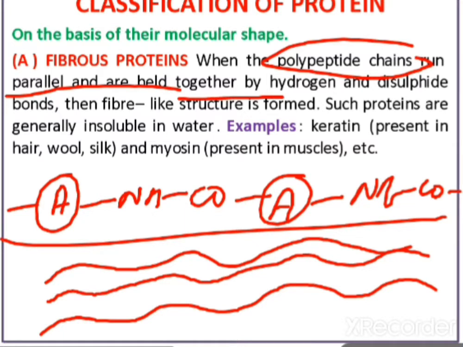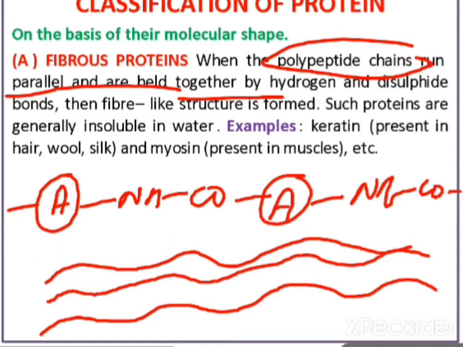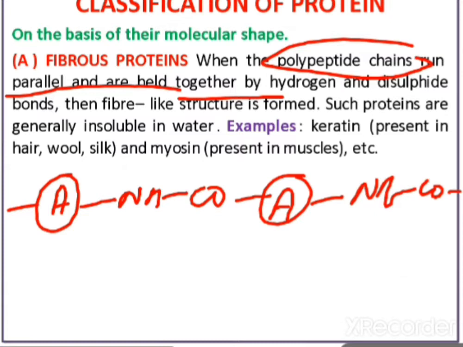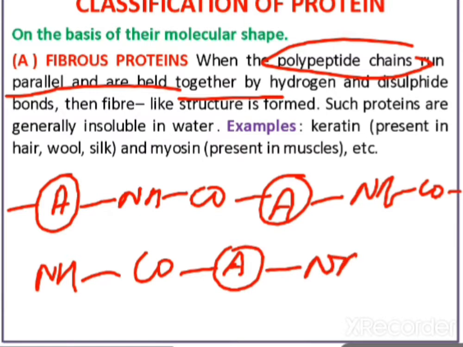Hydrogen bond means, see, if we draw here between hydrogen and hydrogen bond, so a hydrogen bond will be formed between these two. See, here is NH, here is CO, again NH, CO, and so on. So between the hydrogen and this oxygen, a hydrogen bond will be there.